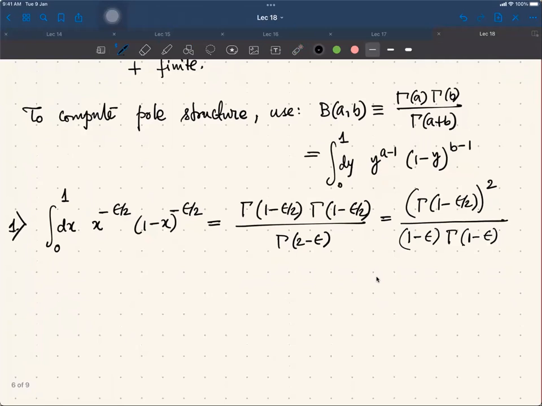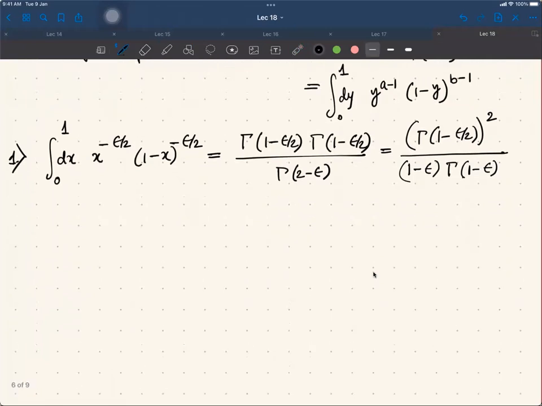So we need an expansion of gamma 1 plus some small number, say delta. We earlier had, let us calculate that expansion.